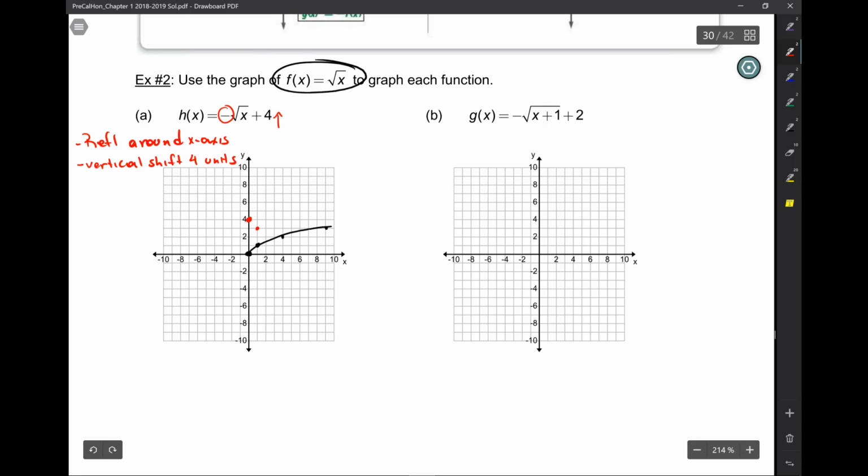If I go over 4, 1, 2, 3, 4, I go down 2 units, okay? If I go over 9, I go down 3 units. All right, so that's what g of x, or h of x looks like.